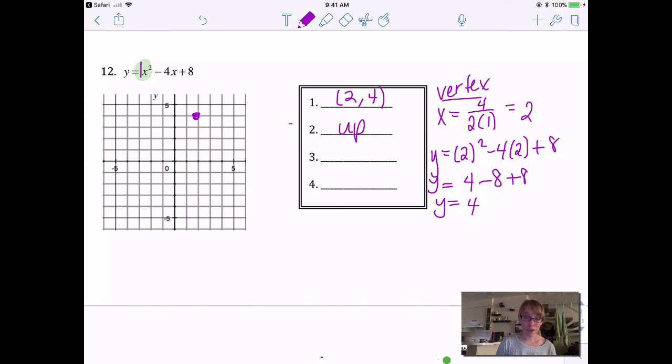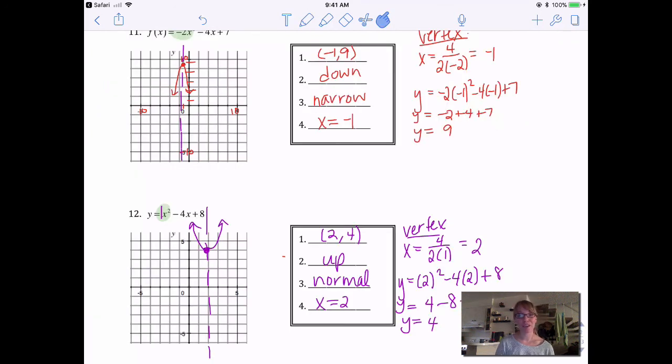Since the number is 1, it's going to be normal in width. And finally, our axis of symmetry is x equal to 2. So draw your little parabola, faces up, it's pretty normal in width, and then my axis of symmetry is right through the center. So that is graphing parabolas.